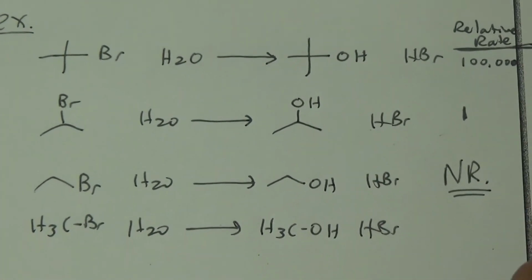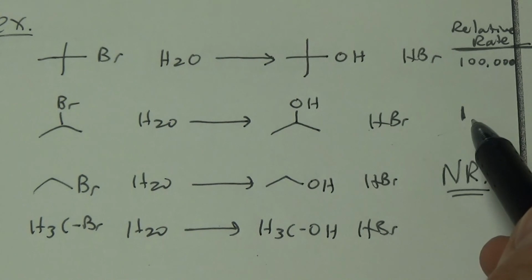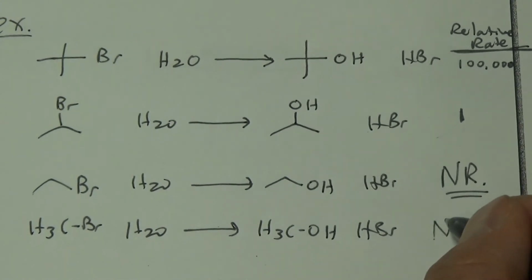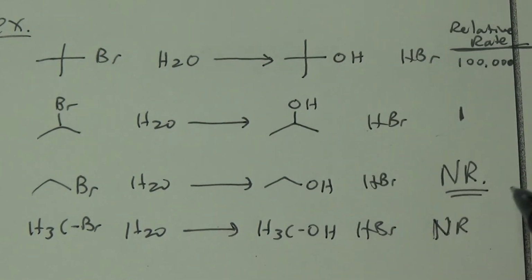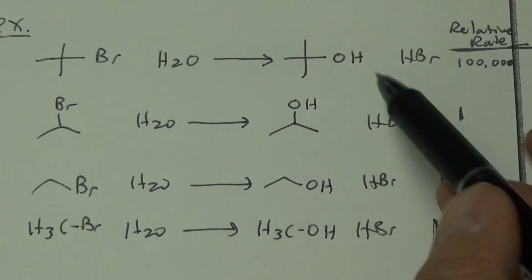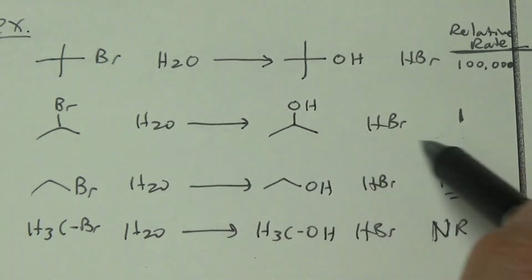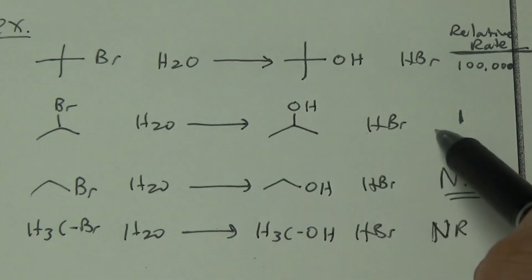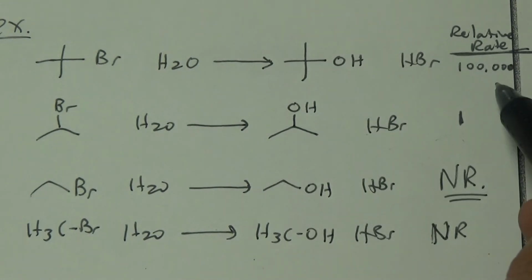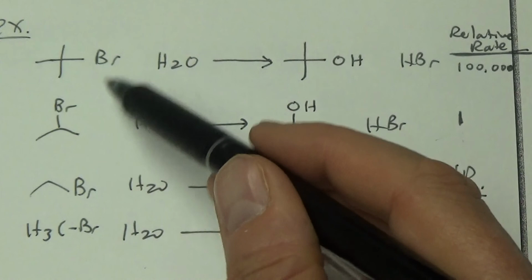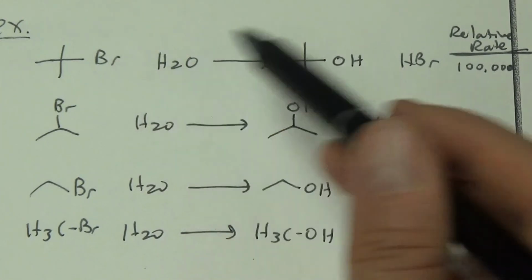Big number, small number, or NR? It's also no reaction. So this reaction only happens substantially for tertiary, and secondary it does happen. It's just much slower, 100,000 times slower. So the big thing is this happens for secondary and tertiary, with tertiary being really fast.